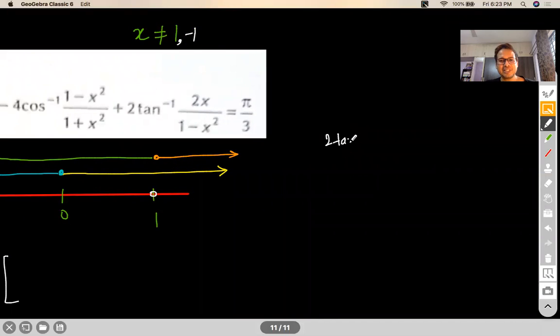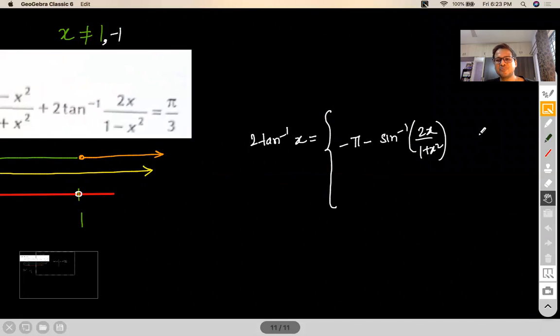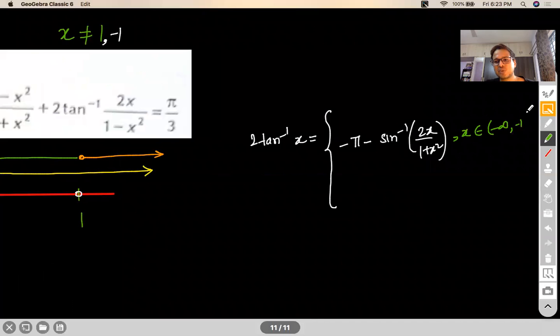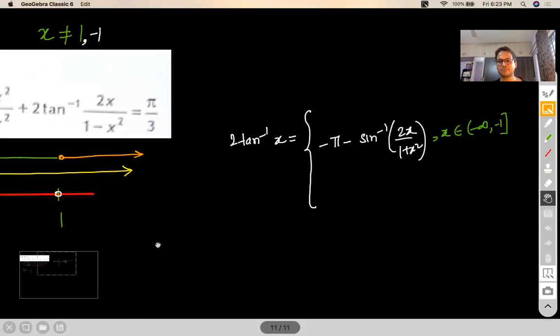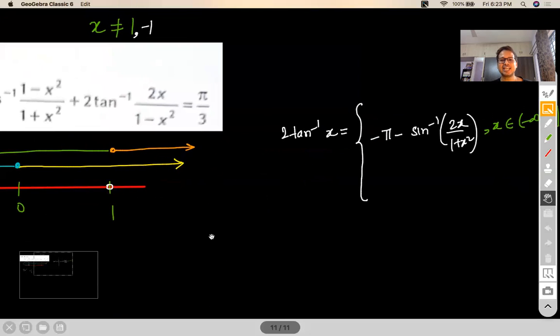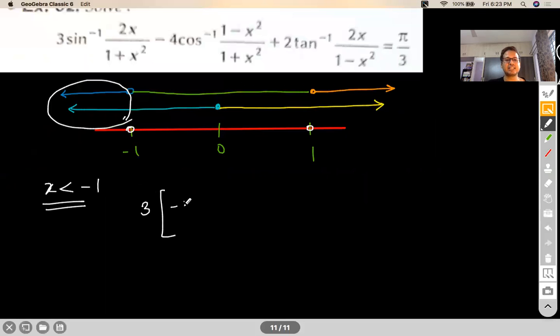We have already known that 2 tan inverse x is going to be minus pi minus sine inverse of 2x by 1 plus x squared if your x is between minus infinity and -1. Am I right? So can I write it as minus pi minus 2 tan inverse x?